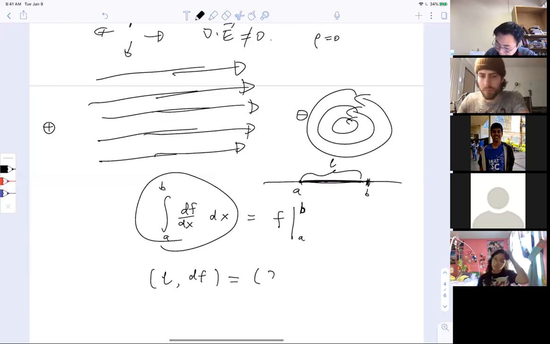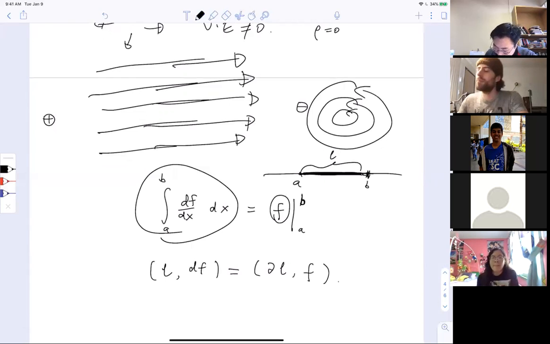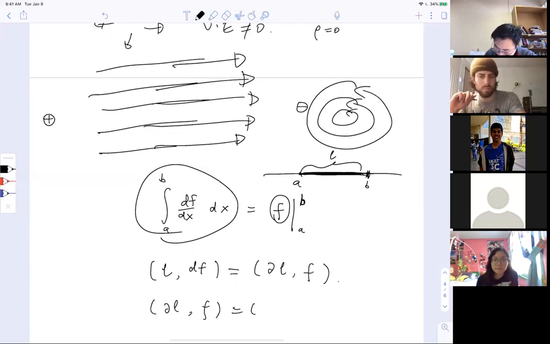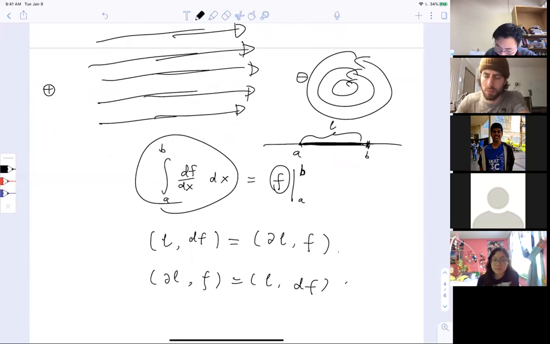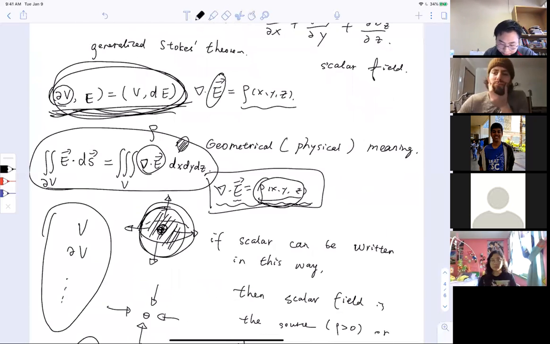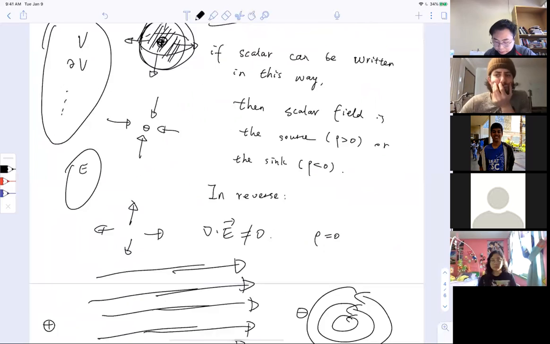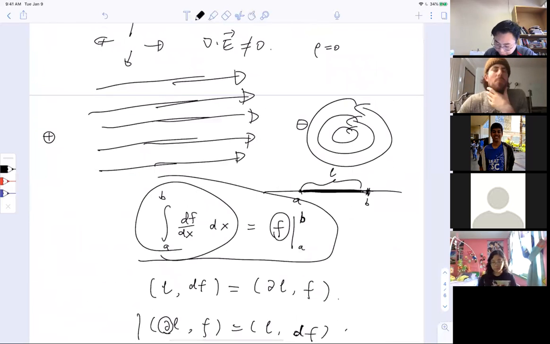The endpoints are the boundary of this region L. So similarly, if you write it another way, I have the integral over partial L of f equal to the integral over L of df. You can see I just move this partial from the region to the function side, where it becomes d. So the point here is that the Gauss theorem is just a generalization of this guy.